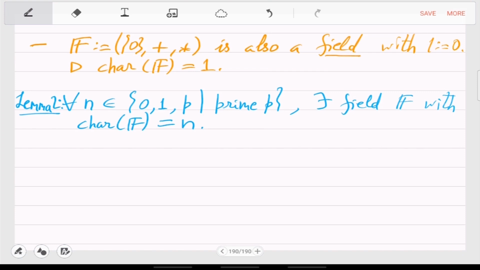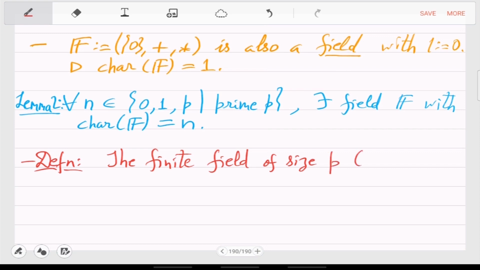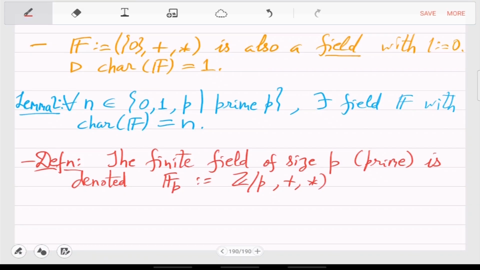And that brings us to the definition of the most important field in computer science, which is the Galois field of size p. So this is the finite field of size p for prime p, denoted Fp, which is just the set z/p with plus and multiplication.